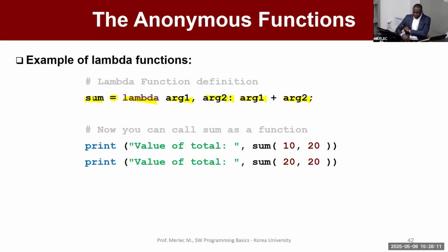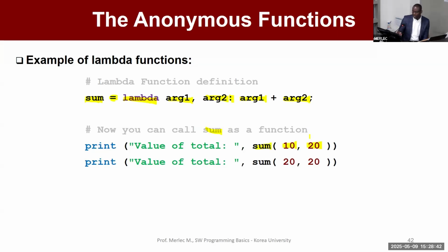So in this case, we can only use the value of the lambda function, which is stored in sum. But we cannot call a lambda function by name because it doesn't have a name. So here later we can just call sum like a function, because sum here is a lambda function, and then we provide the argument values 10 and 20.